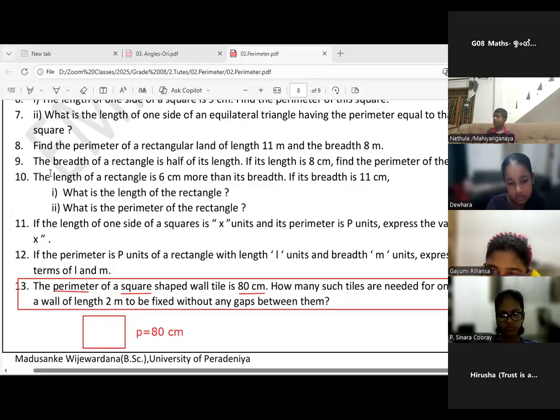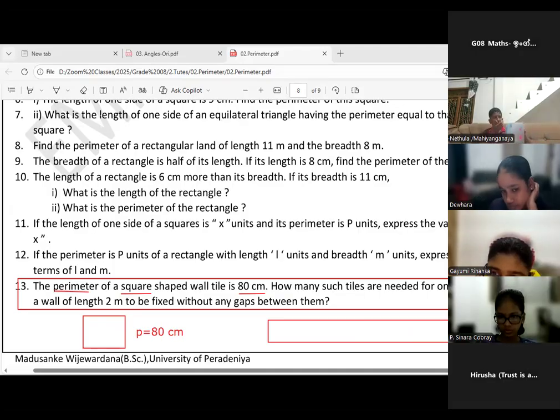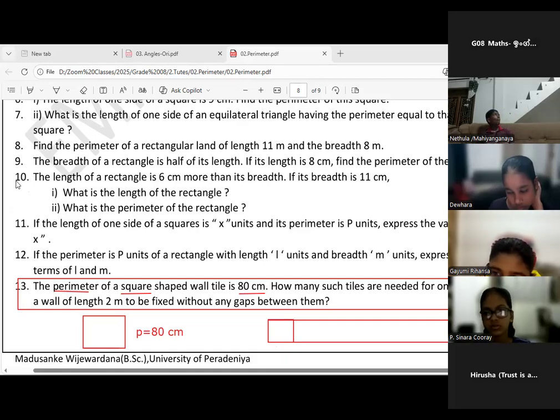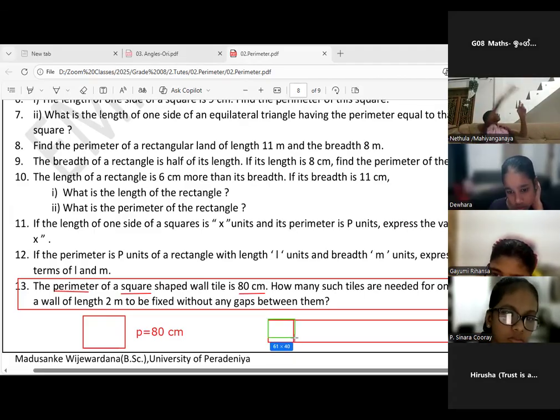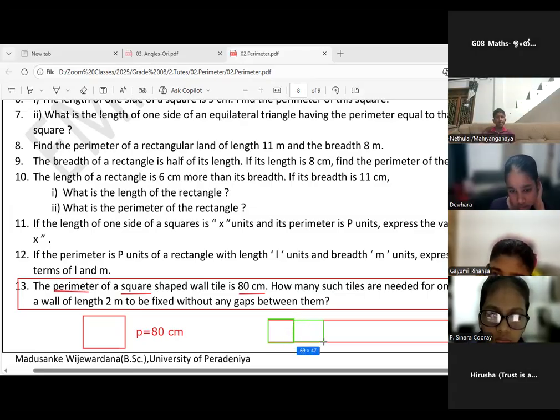And then they are saying there is a wall which is 2 meters in length. We have done this kind of example at the beginning of the lesson. So you have to fix these tiles on this wall without any gaps.